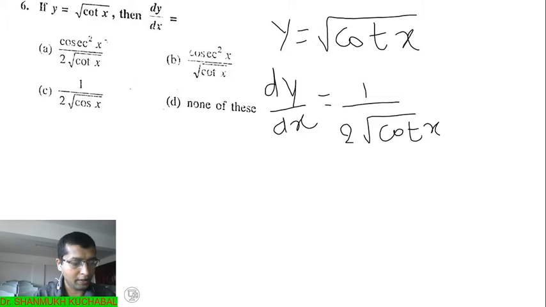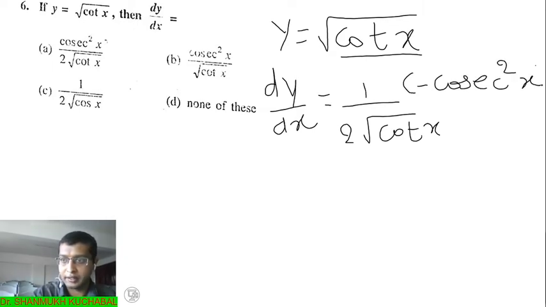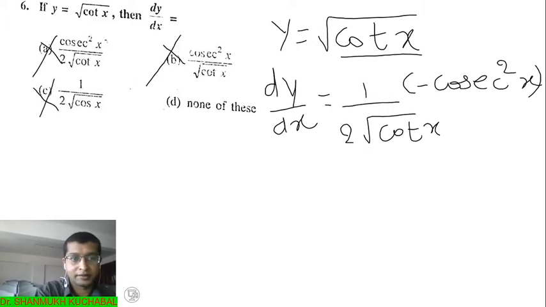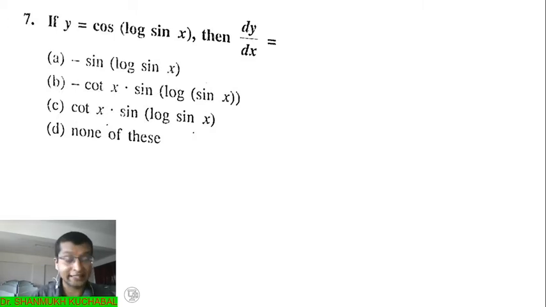The inner function is cot x, its differentiation is minus cosec square x. So here there is a plus sign, therefore wrong answer. B also wrong answer, C also wrong answer, so it is none of these. Okay, we will move to our next example.